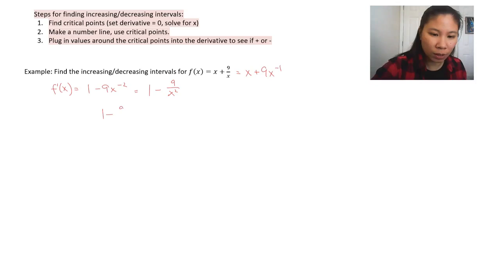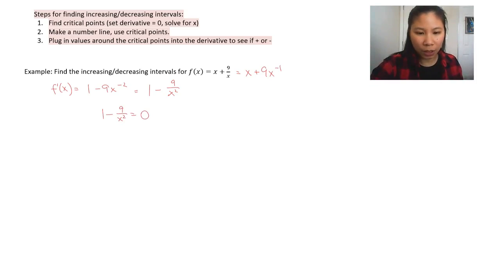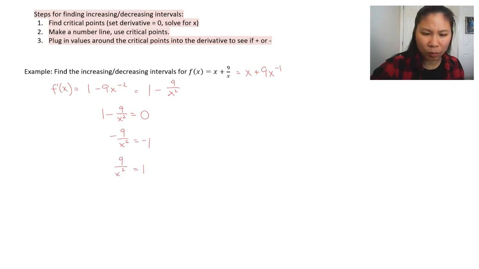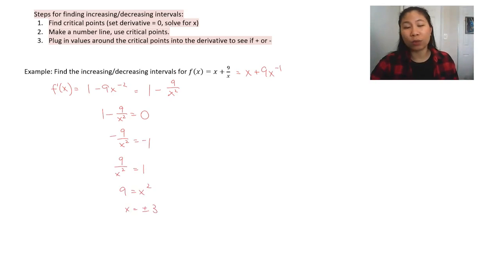Set it equal to 0 so that I can find my critical values. Let me subtract 1 from both sides. Divide by -1. And multiply both sides by x squared. So I'm going to get x equals plus or minus 3, because when you square root both sides, don't forget you need that plus or minus.